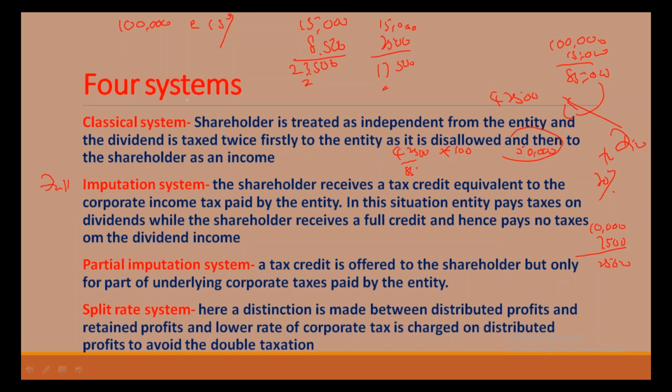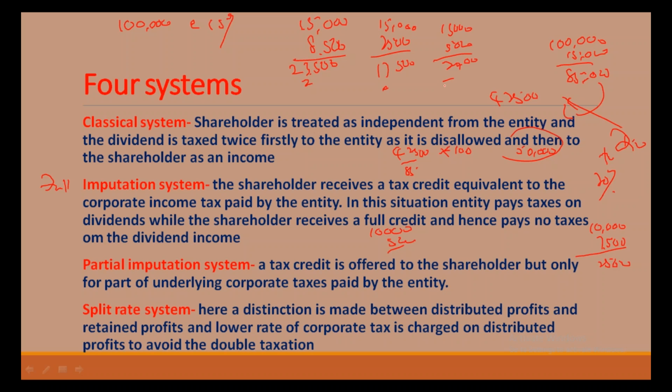So even though I have to pay 10,000, I will pay only 5,000. My total taxes will be 15,000 plus 5,000. This is the third method, what we call the partial imputation system.